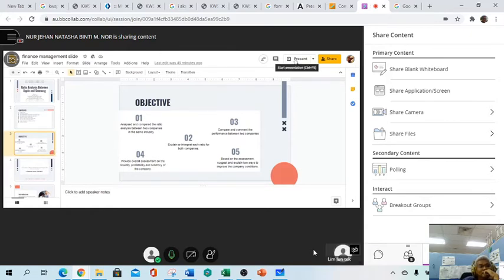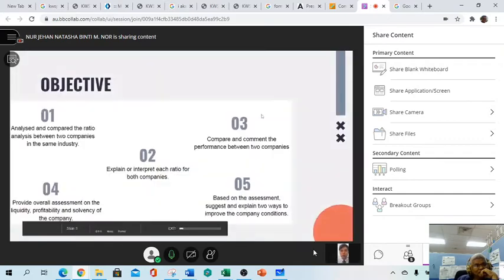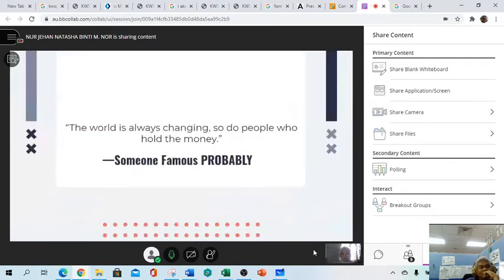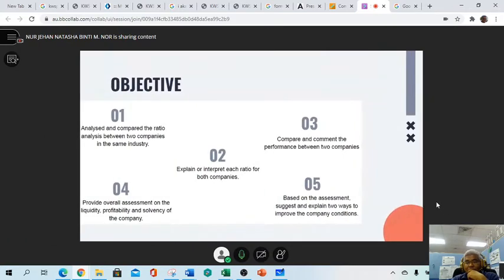Number 4, provide an overall assessment of the liquidity, profitability, and solvency of the company. Finally, based on the assessment, we suggest and explain 2 ways to improve the condition of the company that falls behind compared to the other company. Next slide.